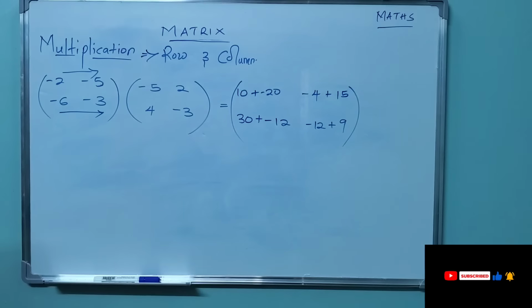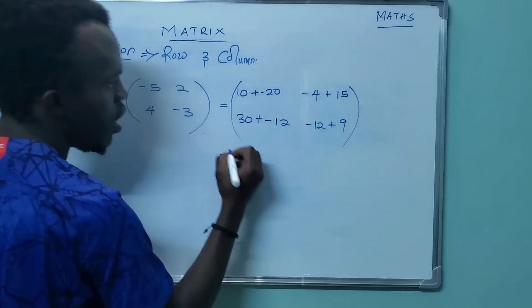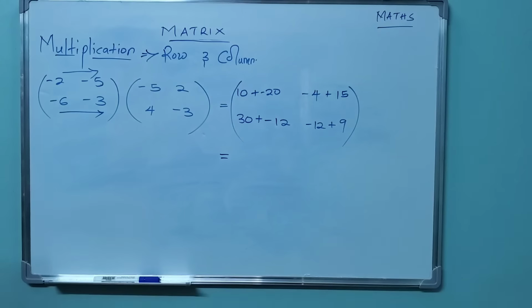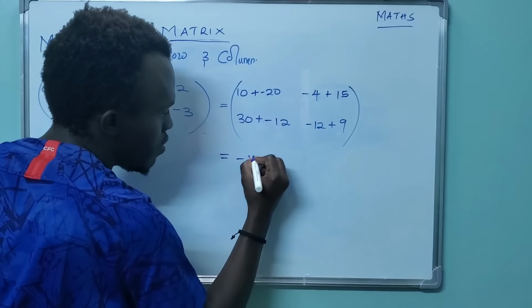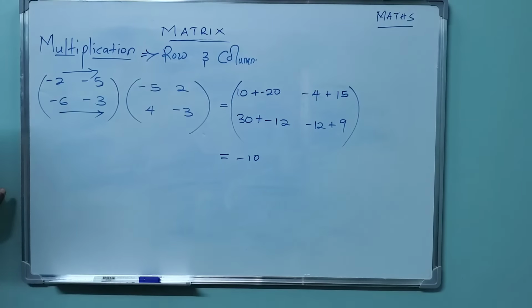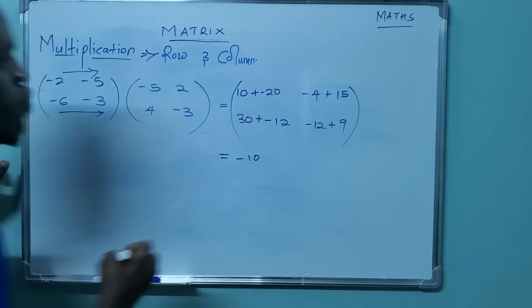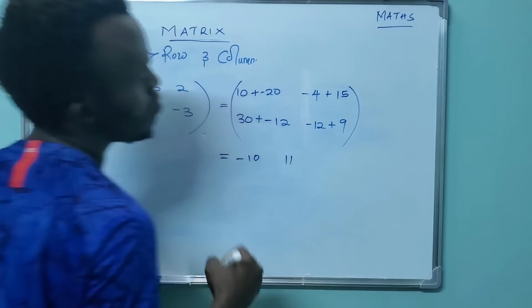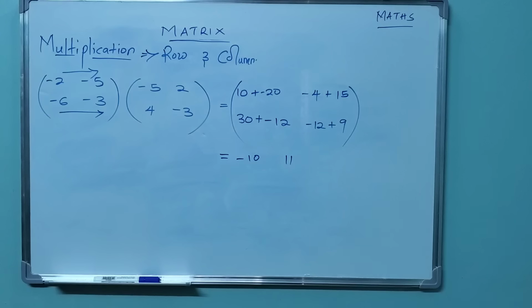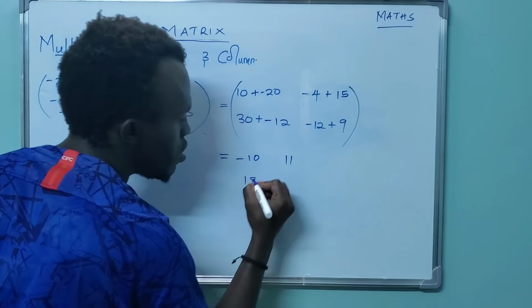Then now let us combine them by the addition. 10 minus 20, that is going to be -10. Then there we are going to have -4 plus 15, we are going to have there 11. Then 30 plus -12, we are going to have there 18.